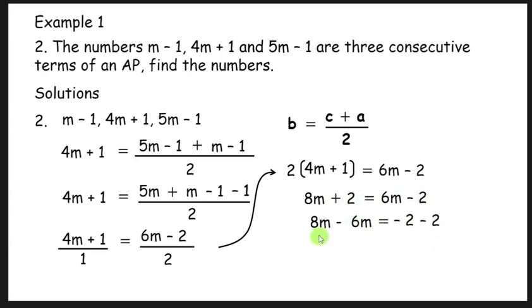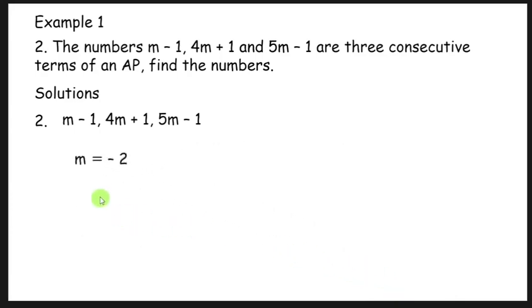Then 8m minus 6m, we get 2m equals minus 2 minus 2, it will be minus 4. We'll divide by 2 to remain with m equals negative 2. It means m is negative 2. Now that we have found that m is negative 2, we can replace it in the terms to know the whole terms.